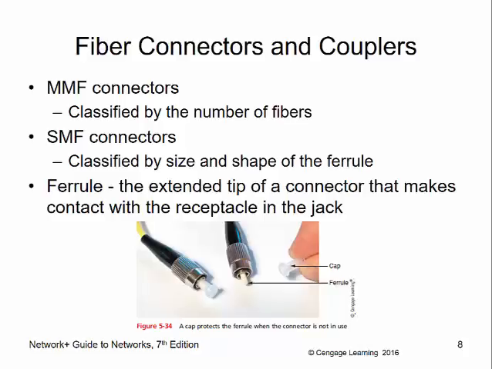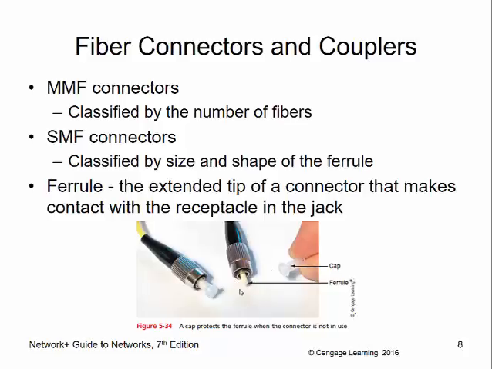Well, if I have a fiber optic cable, I got to connect it somehow, right? And I have different kinds of connectors based on whether it's single mode or multi-mode. What I'm looking at right here is something called an ST connector. It attaches right to the very end, and it actually twists on.